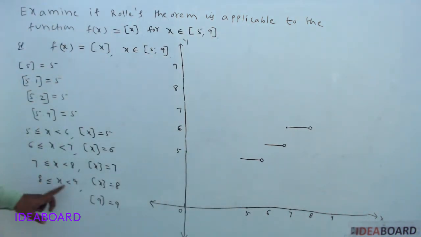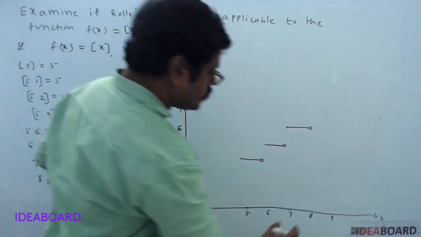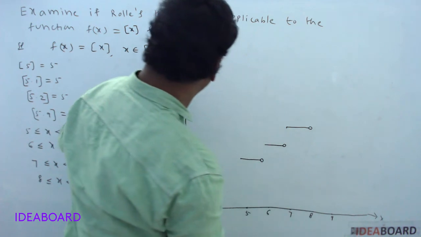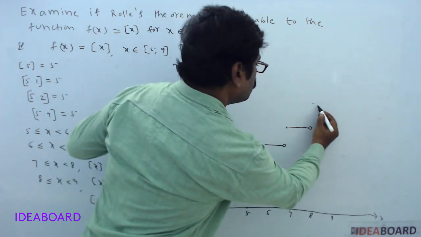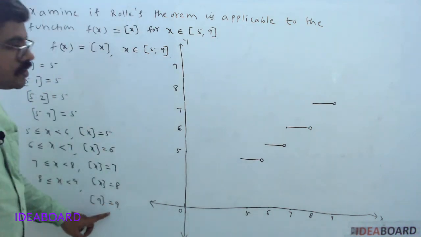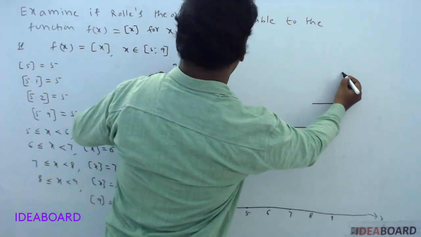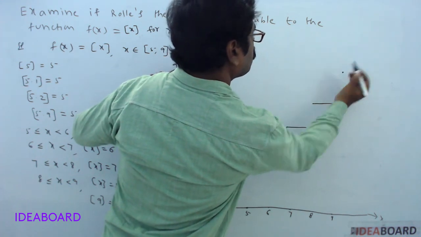Next, from 8 to 9, corresponding step of x value is 8. Next, step of 9 is equal to 9. This is a point.